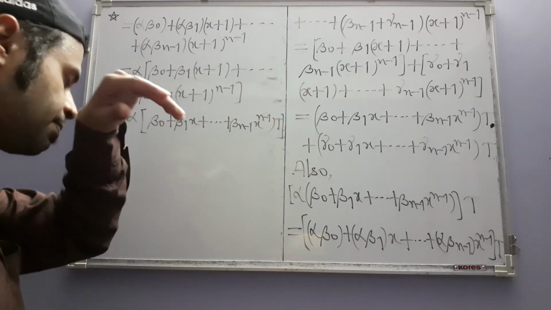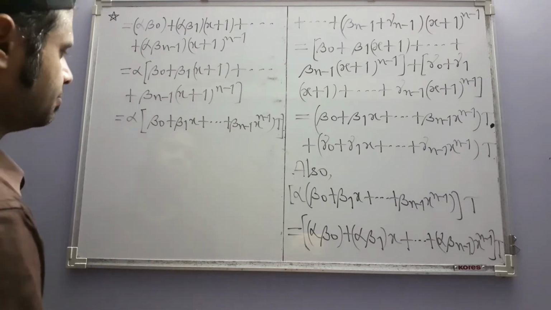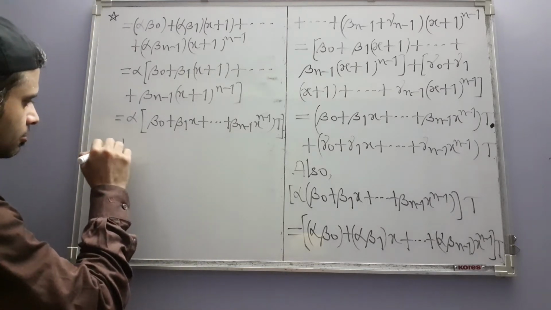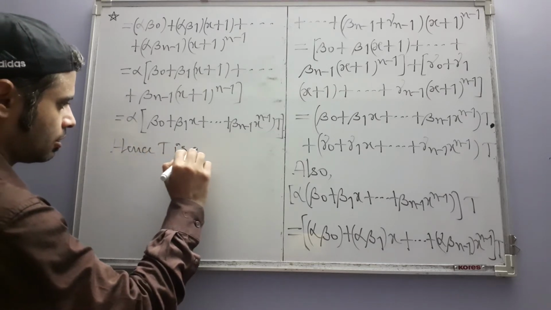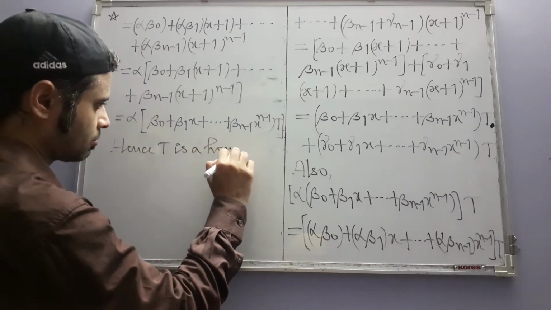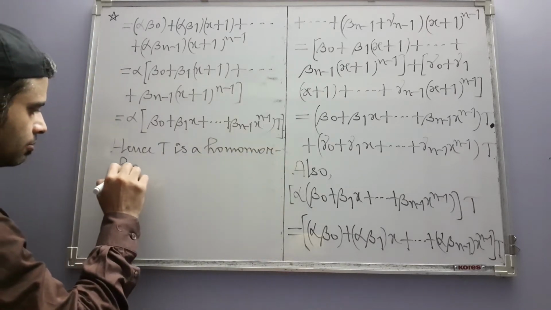That means T is a linear transformation, I mean a homomorphism. Hence T is a homomorphism.